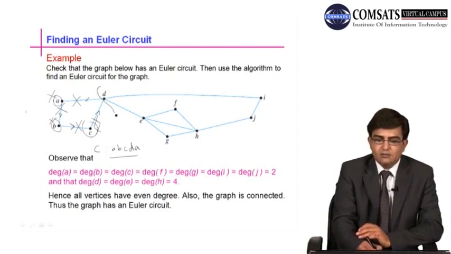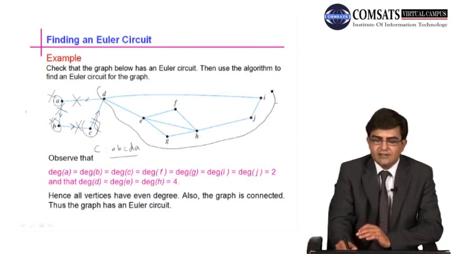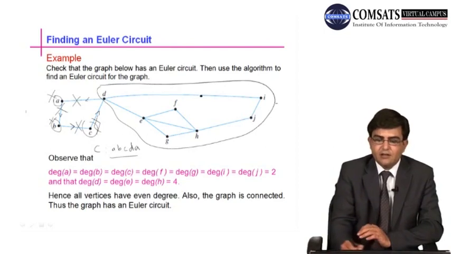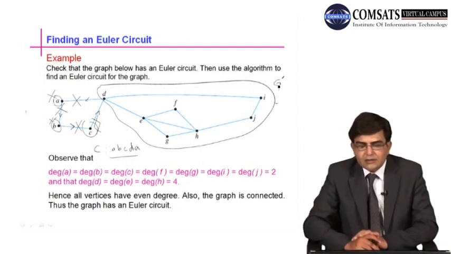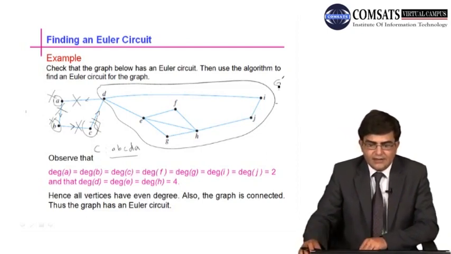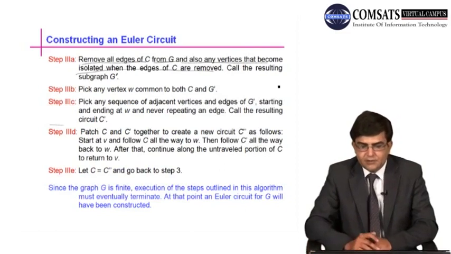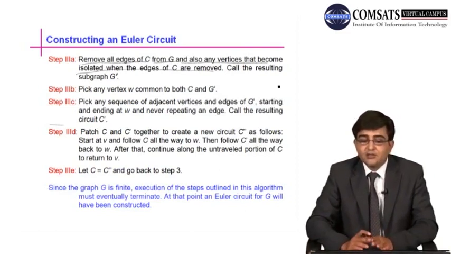So we get this graph. This graph is left here. We call this graph G dash. Now this is basically step 3a. Remove all edges of C from G, and also any vertices that become isolated when the edges of C are removed. Call the resulting subgraph G dash.